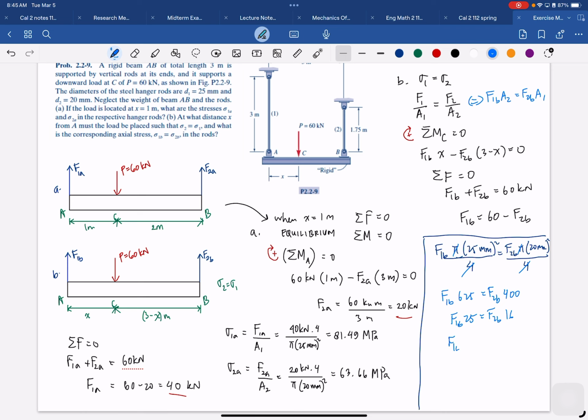So F1B is 16 over 25 F2B. And we can input that in our system.